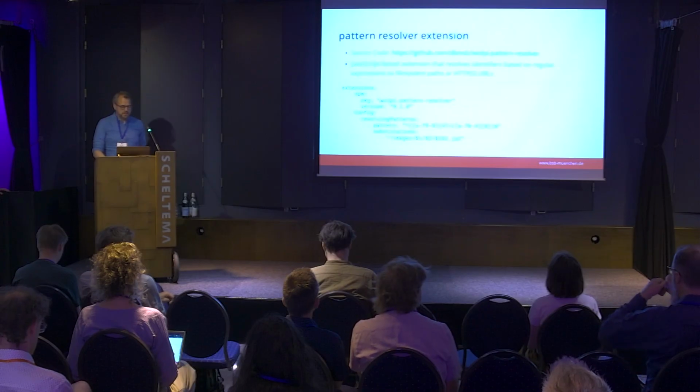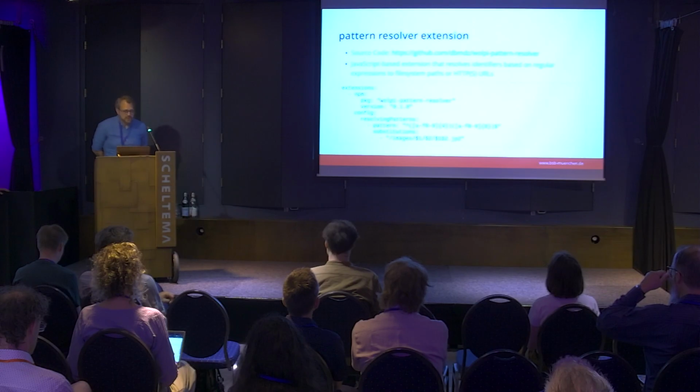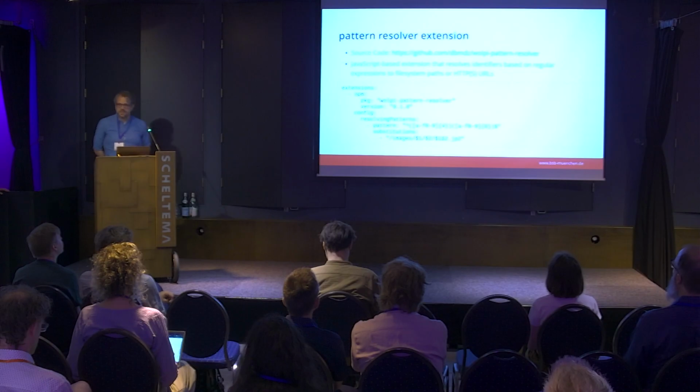As an example, we published a first extension to npm, which is a regular expression pattern-based resolver, where you just pop it in your config. Here is an example of an npm extension. It's Wolpi pattern resolver, version 0.1.